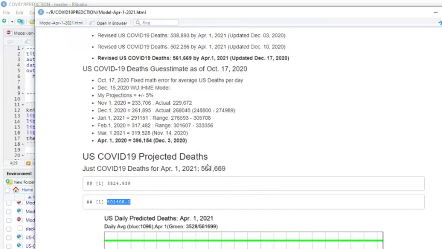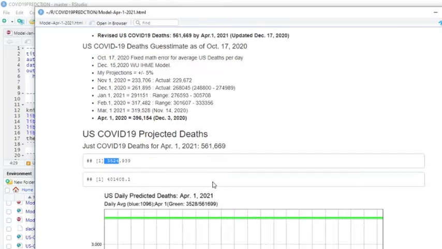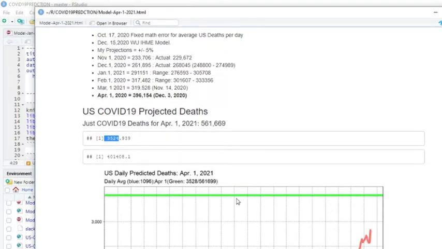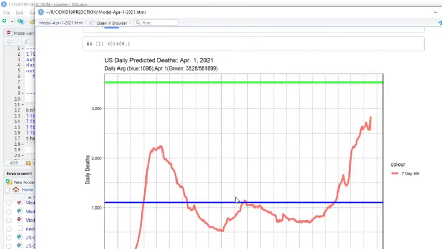But to reach this number here, we have to average 3,524 deaths, which is what this green line represents here. Okay, and this is the current average, 1,096, and this is the current plot, 7-day moving average of the actual deaths.